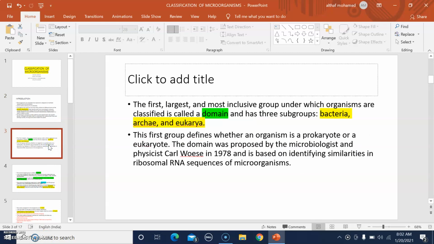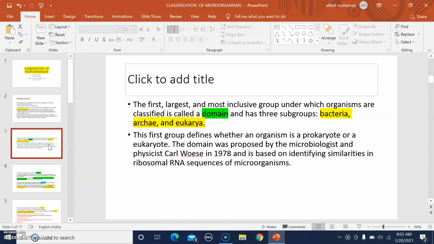The first, largest and most inclusive group under which these microorganisms are classified is called domain. I think you are familiar with these terms from +2, when we studied classification. Domain is the most inclusive group and it has three subgroups: bacteria, archaea and eukarya.